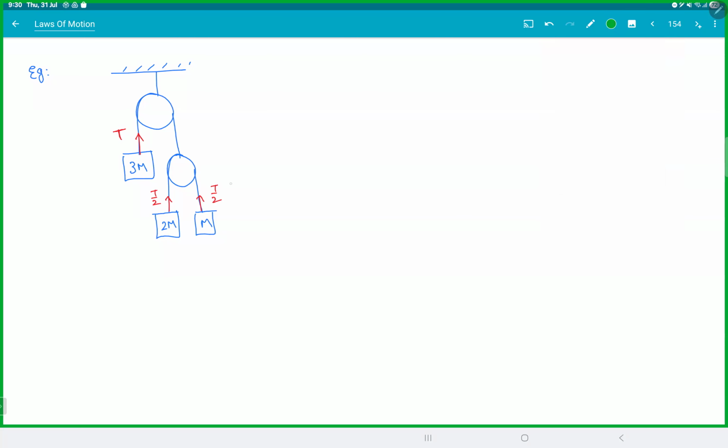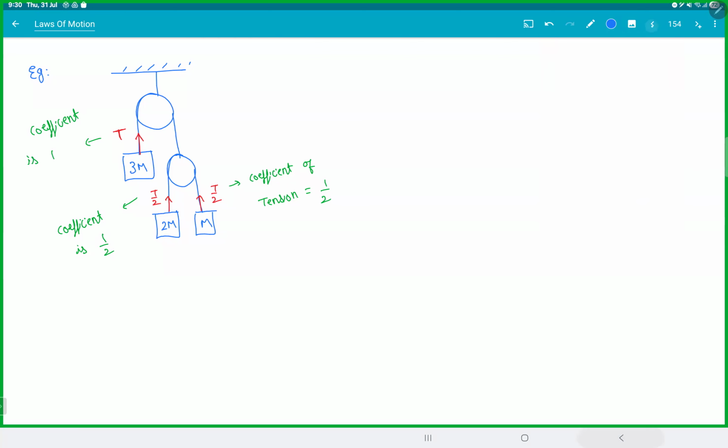Next thing, get the coefficients. What is the coefficient of this tension? The coefficient of this tension is half, so it is half into T. This coefficient is also half. That coefficient is 1. Now try to get the formula.